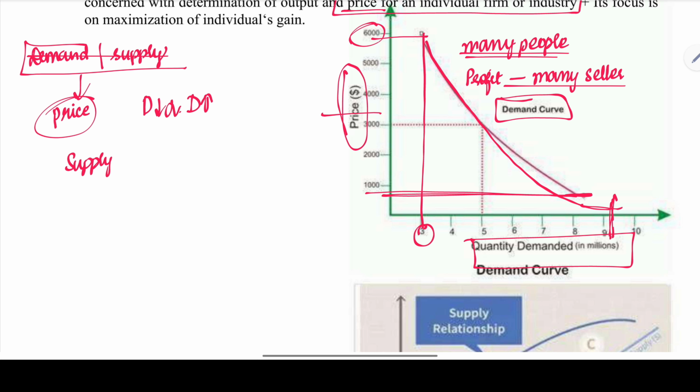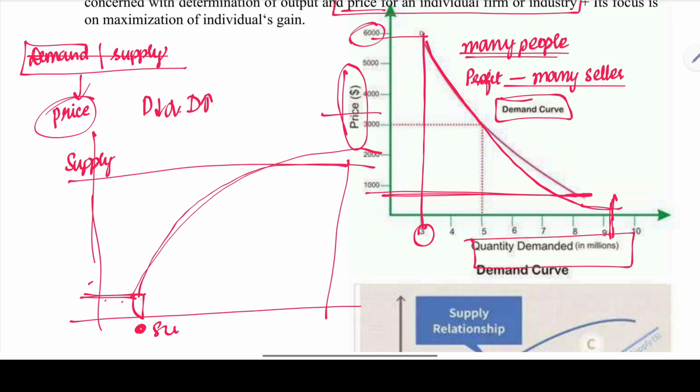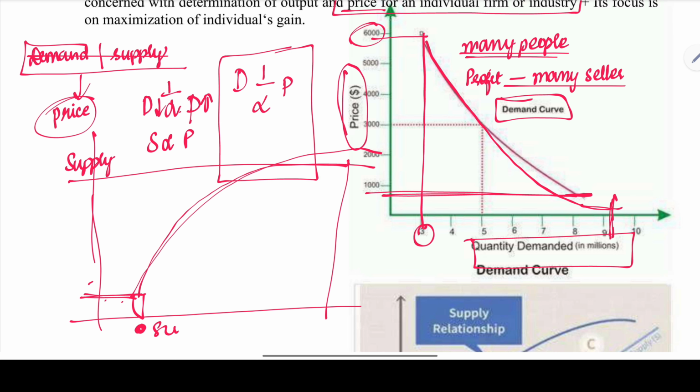Now we have to see the supply. This is the supply. When the supply is low, the price is low. When the supply is high, the price is also high. So this is the supply curve. Supply is directly proportional to the price, while demand is inversely proportional to the price.